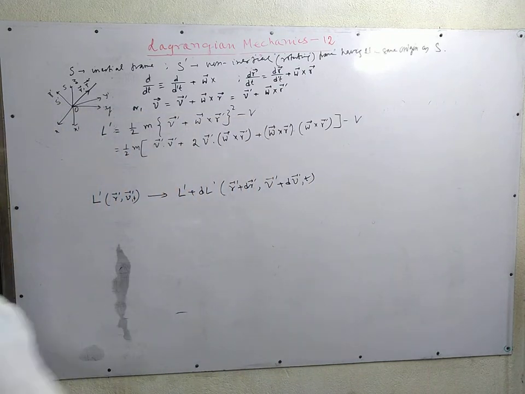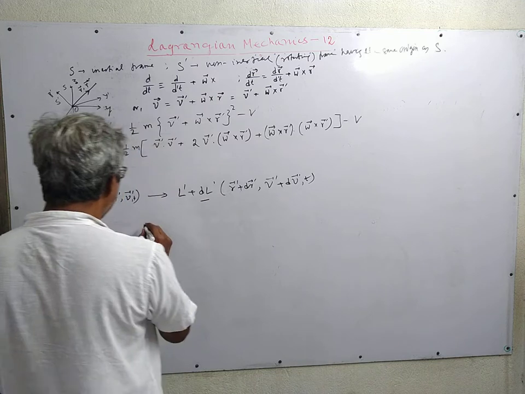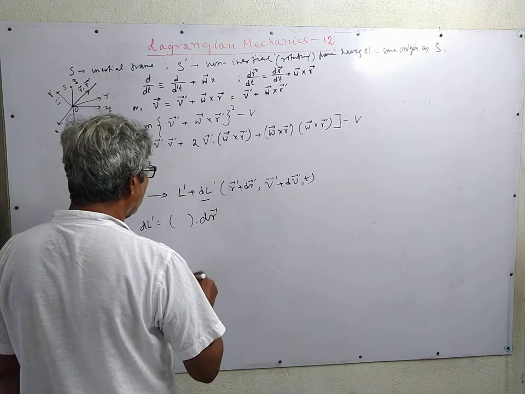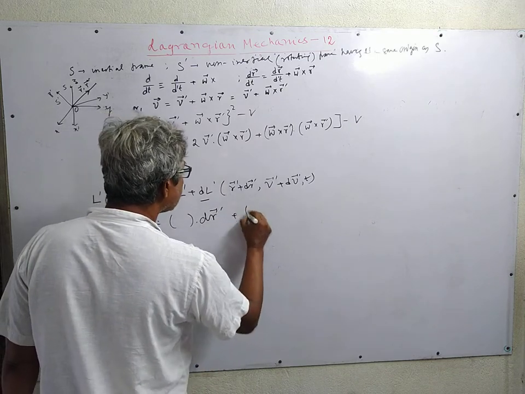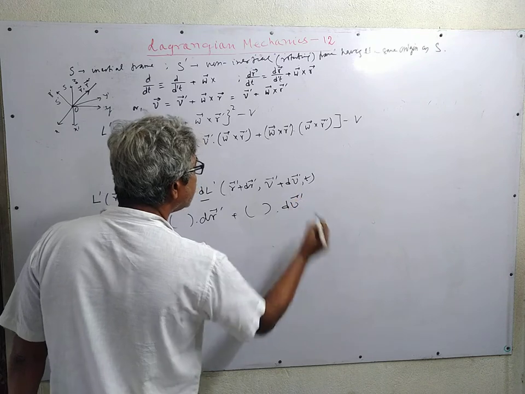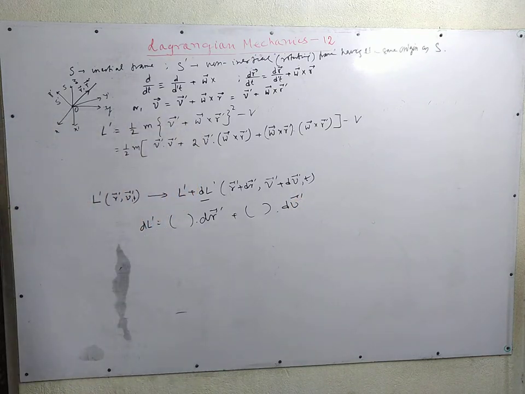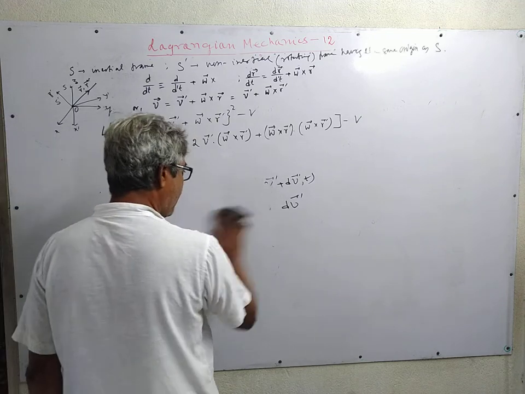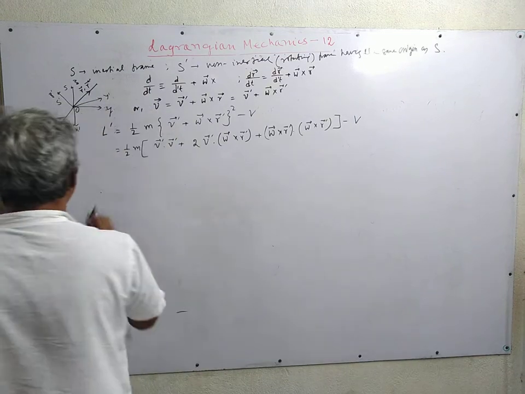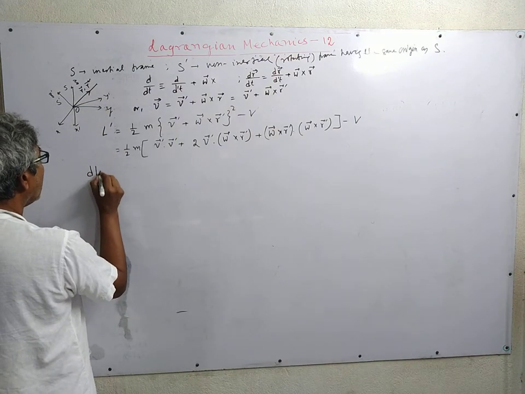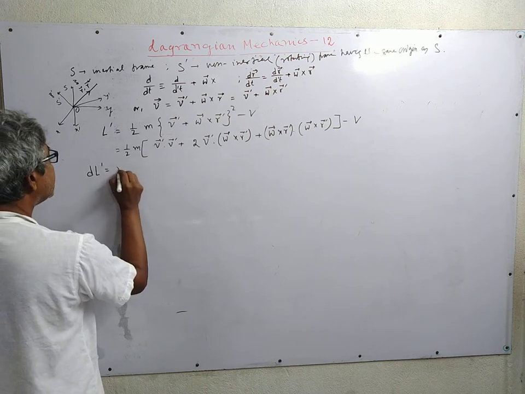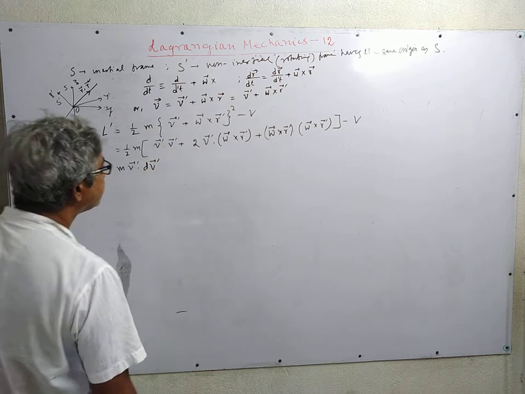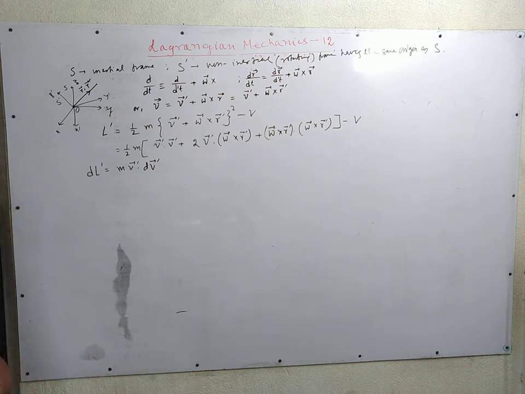So what is the change? This change dL' will be something dot dr', some vector times dr', plus something dot dv'. This is the main spirit of such calculation. So we write the differential of it. So dL' is equal to, from the first term, m v'·dv'. This differential is taken in the primed frame.